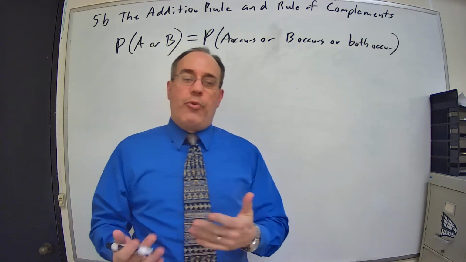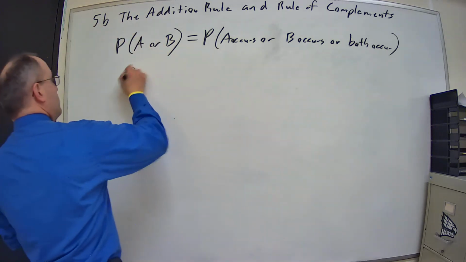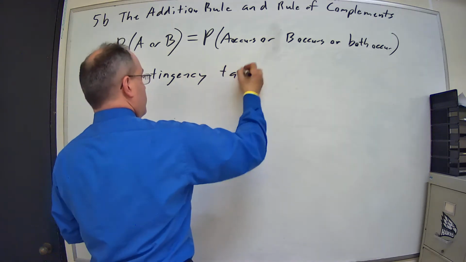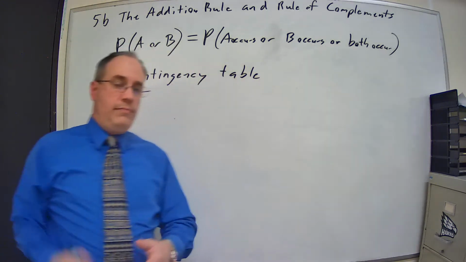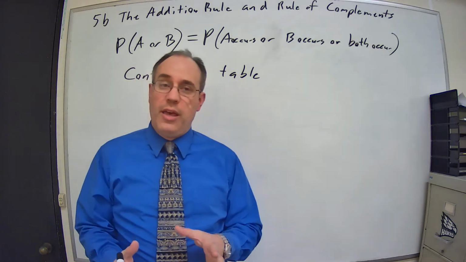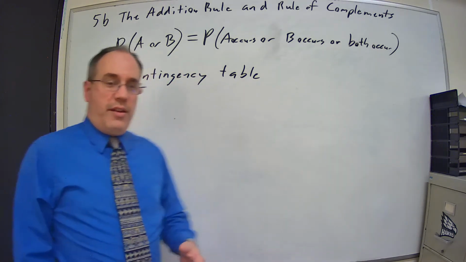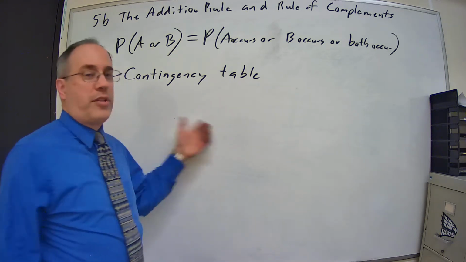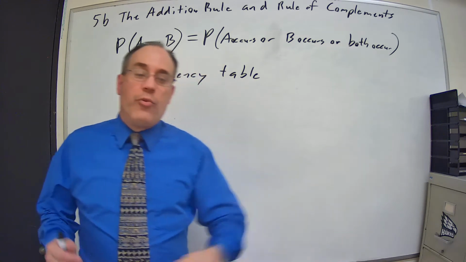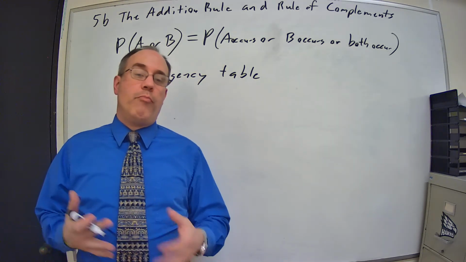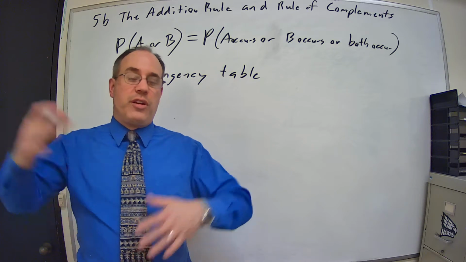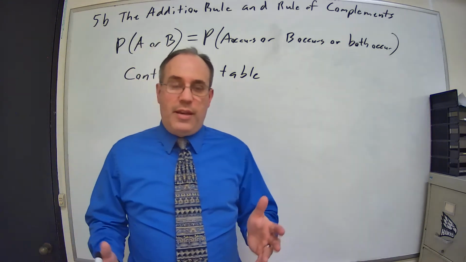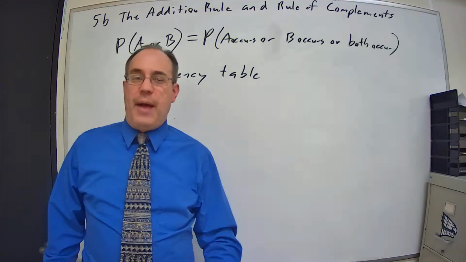To start with that, we're going to deal with a contingency table. A contingency table is kind of like finding the probability from a population. When we have our frequency distribution, we ask what's the probability that such and such occurs. Now, since we're dealing with multiple events, we're going to build a table that's two-dimensional, as opposed to just one column.